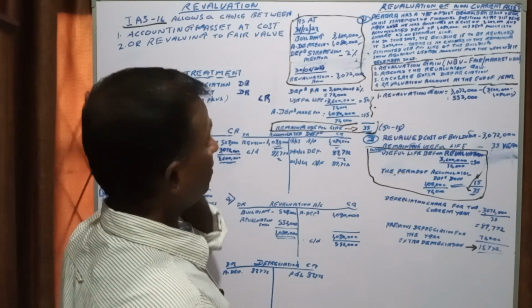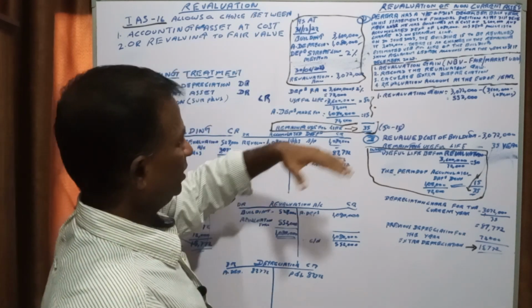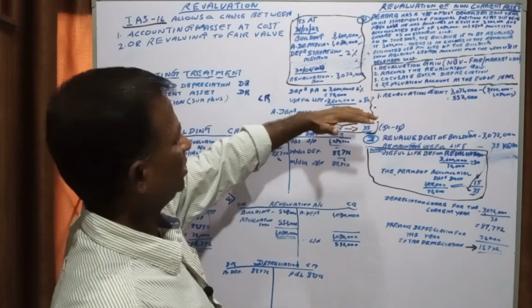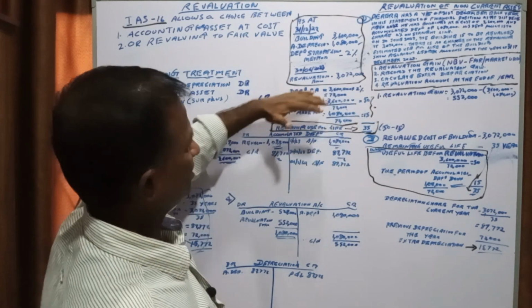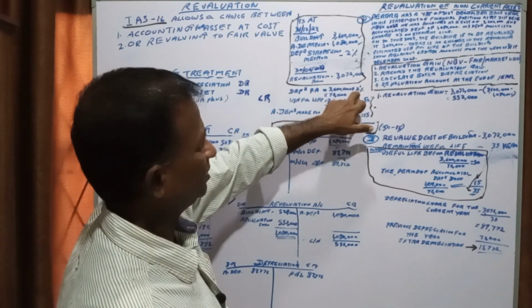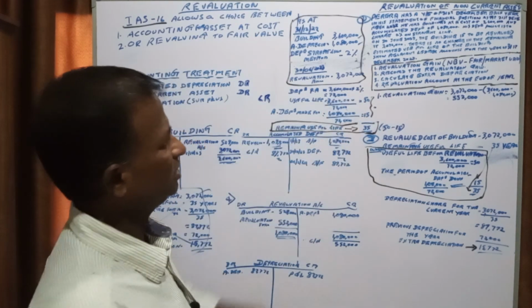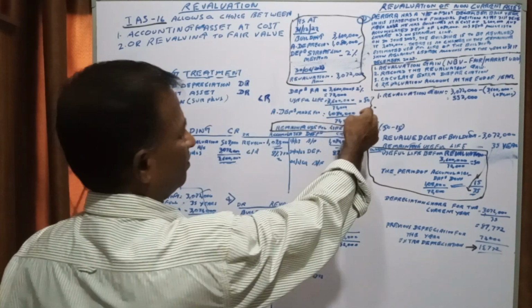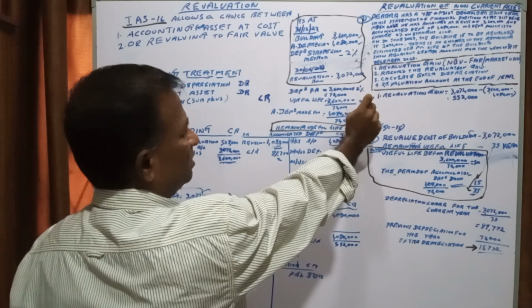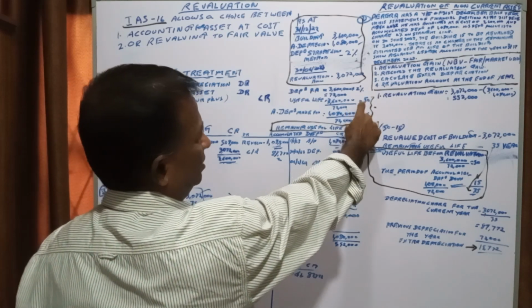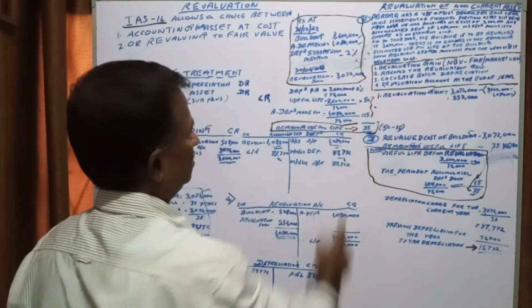So you have got the information of how many years this particular asset is depreciated. You have the depreciation percentage, then it is easy to calculate the useful life. That's how we have calculated, right?